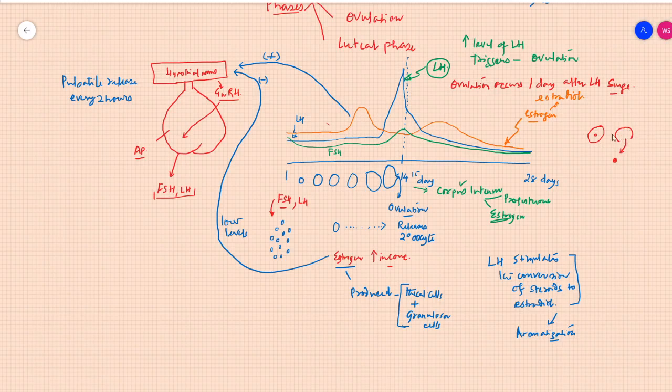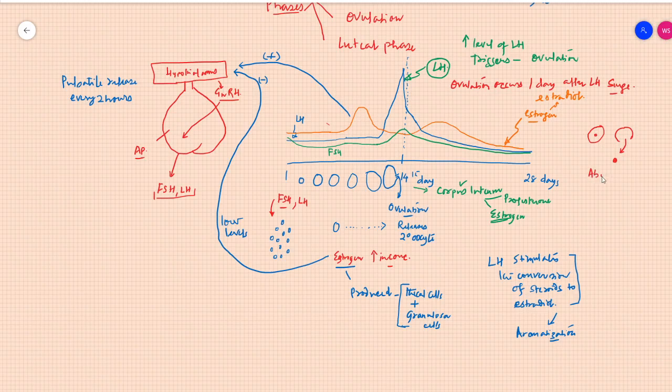As a result, lots of prostaglandins will be released, and those prostaglandins and other mediators can make the woman feel an abdominal pain in the ovary which has ovulated. So on this side where ovulation has taken place, the woman might feel abdominal pain.